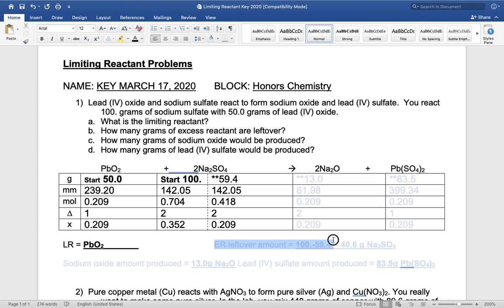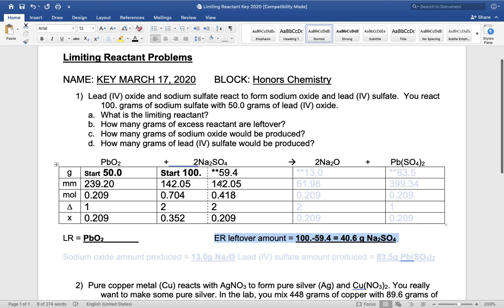My answer is what I started with, 100, minus how much I used, 59.4. So the final answer ends up being 40.6 grams of sodium sulfate. So 100 minus 59.4.